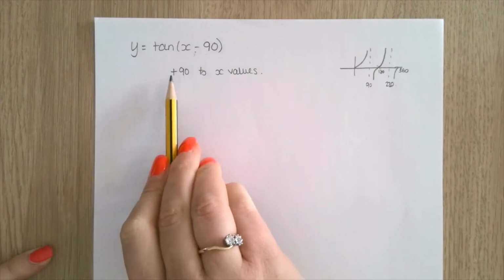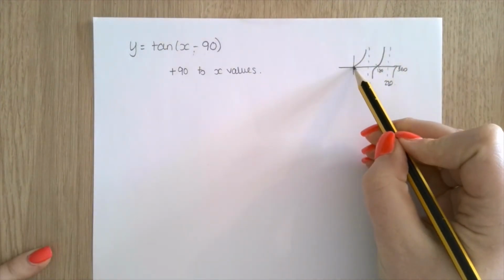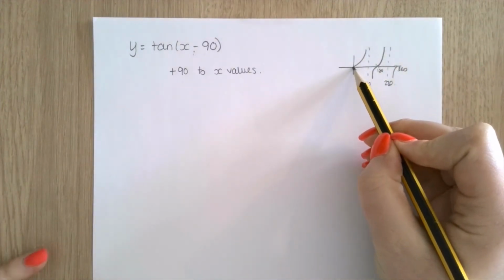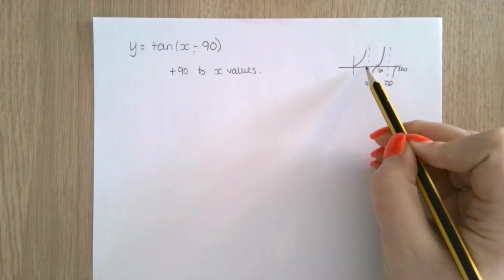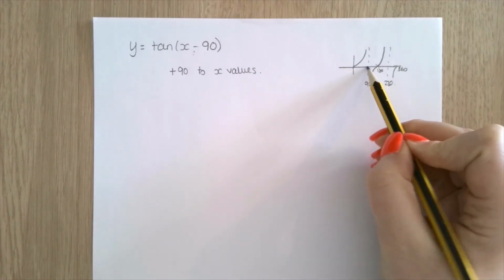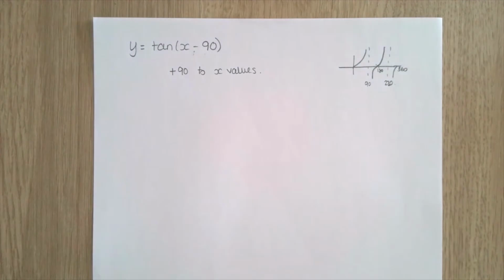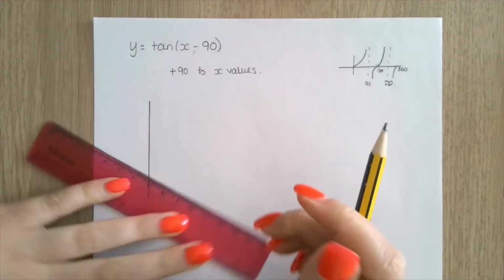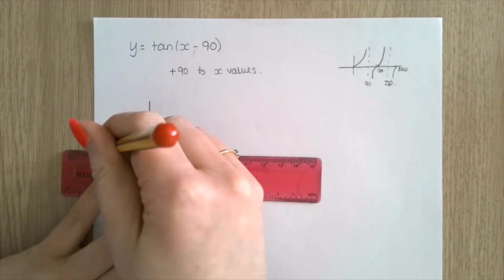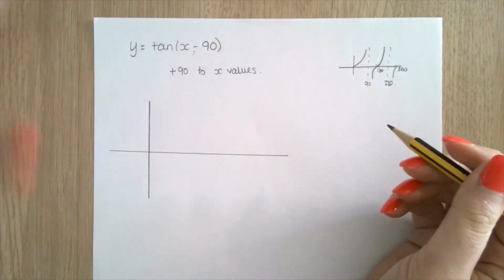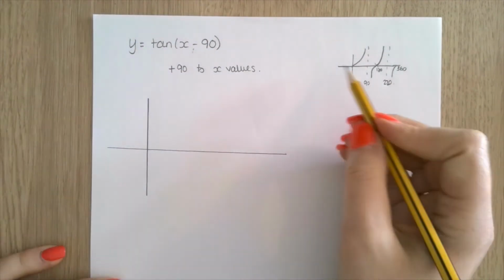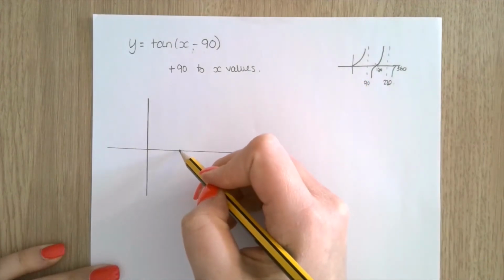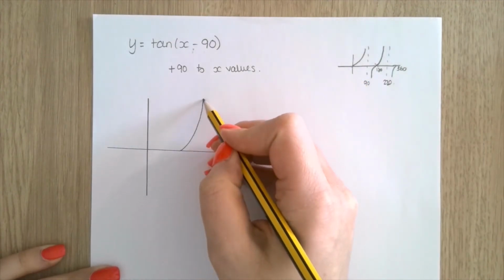So adding 90, that means that this point here is actually going to move to here, and everything is going to move on by 90 degrees. So this point here is going to come up like this.